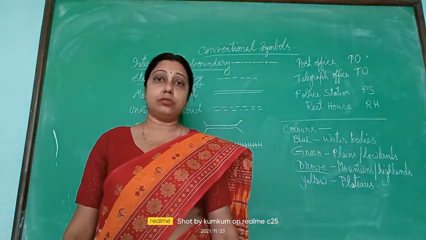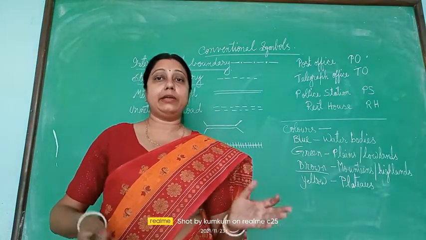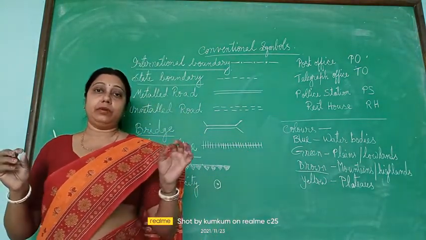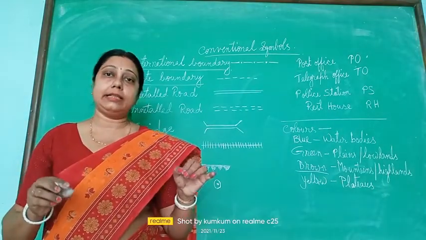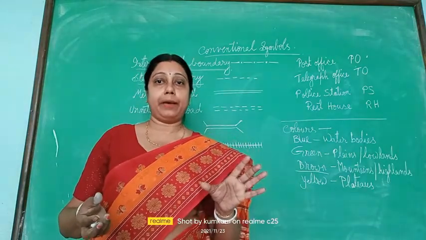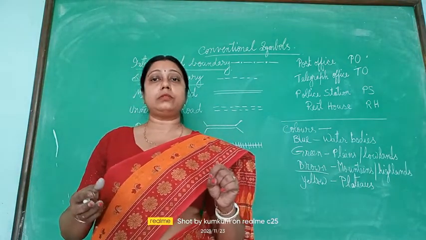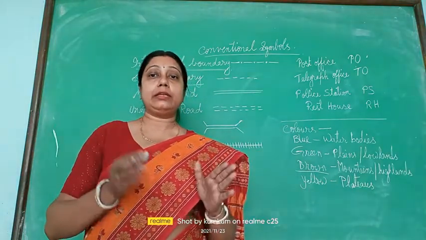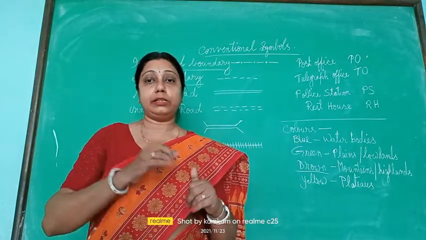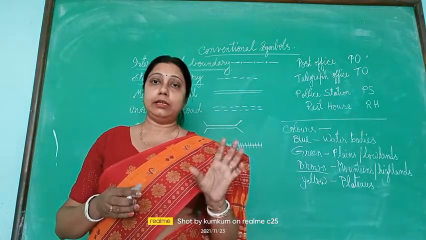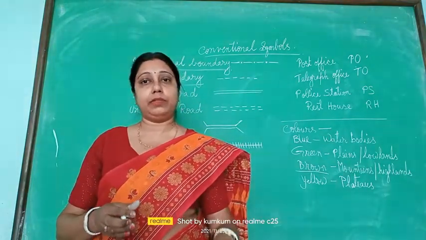Now scale is also required for accuracy, otherwise we cannot see it on the map. If you are drawing without a scale, then it becomes a sketch. When you have a scale on a map, suppose the distance is 100 kilometers, we are making it 1 centimeter. So the ratio between the actual distance and the one you are taking is the scale of the map.